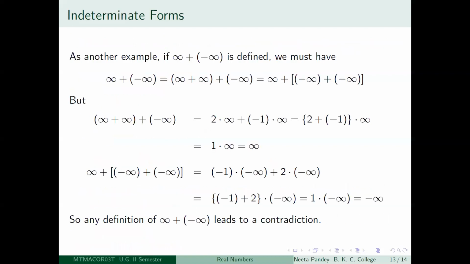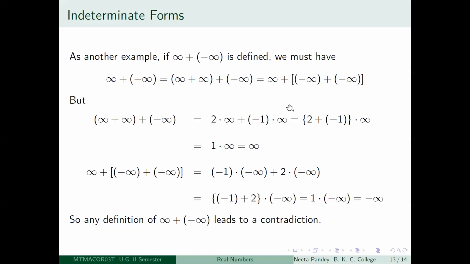As another example of some justification, look at this number: infinity plus minus infinity, if it exists. Then it is going to be equal to infinity plus minus infinity. No problems, because infinity is equal to infinity plus infinity. That is already accepted.